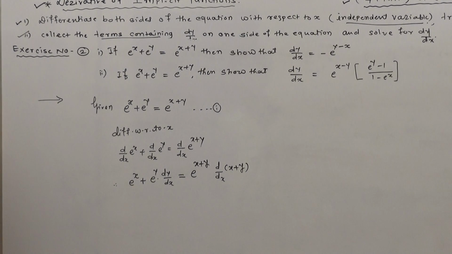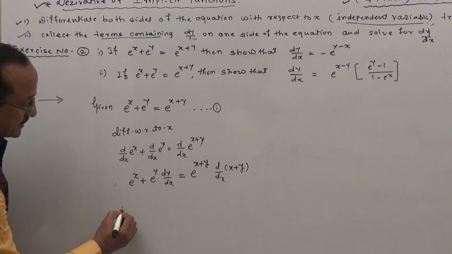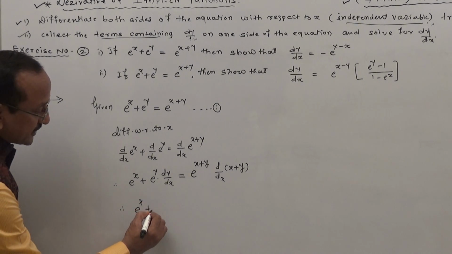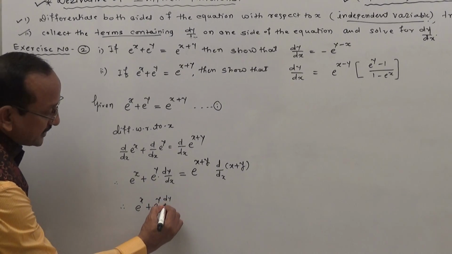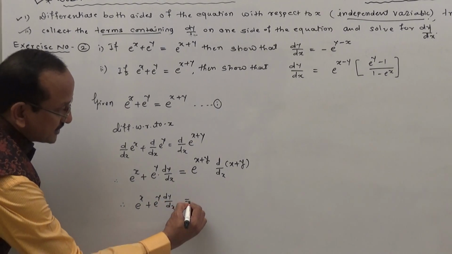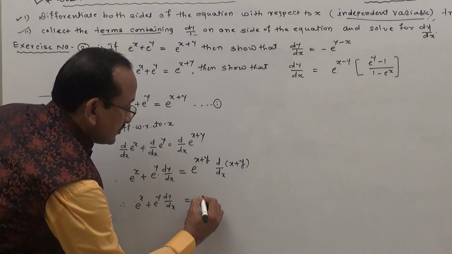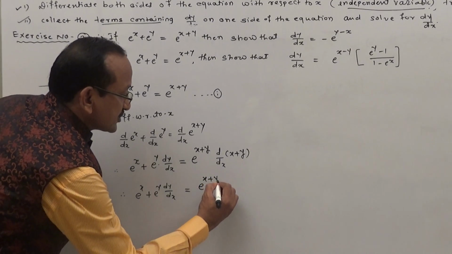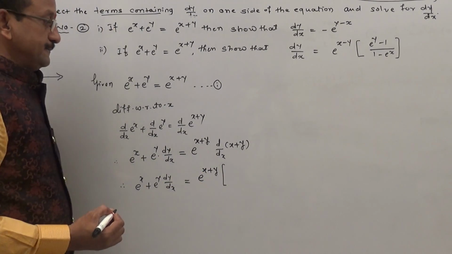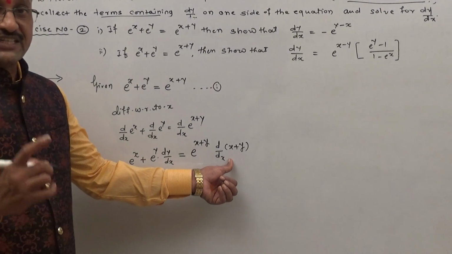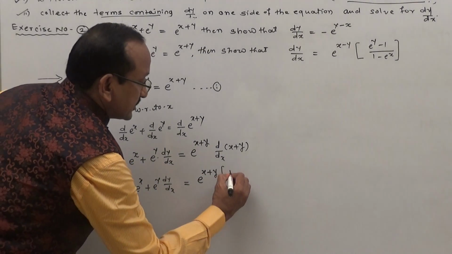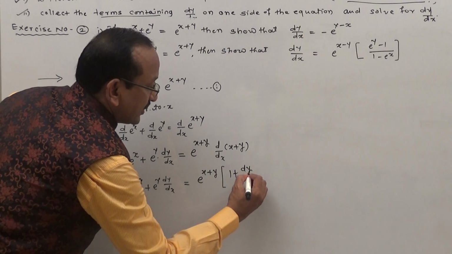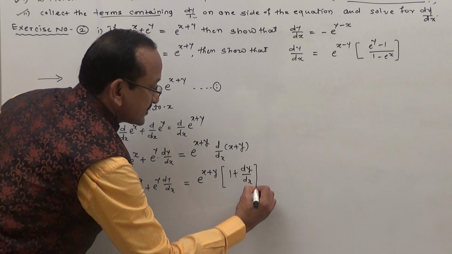So e raised to x plus e raised to y dy by dx is equal to e raised to power x plus y into bracket derivative of x is 1, derivative of y is dy by dx.